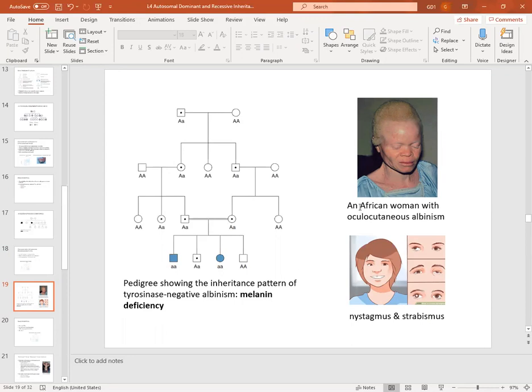Even here, we have an African woman who has a white color in her skin. Also, melanin is an important component in the fiber in the eyes. So people who suffer with this kind of mutation will have an eye phenotype. The eye muscle is not stable, and the eyes will be moving a lot, or sometimes they become strabismus.